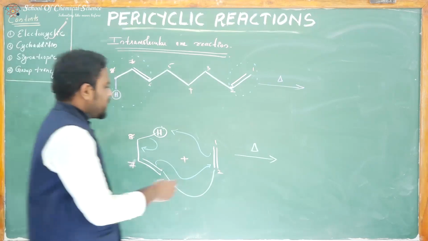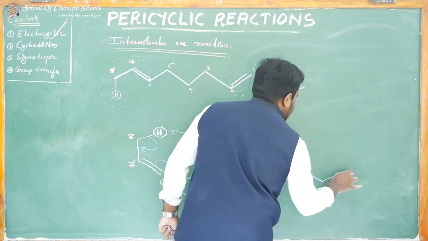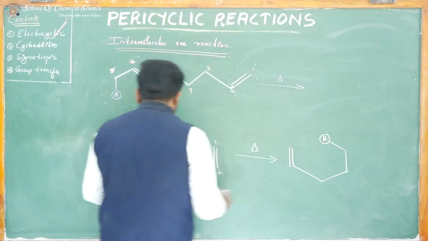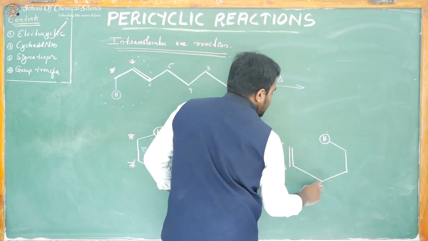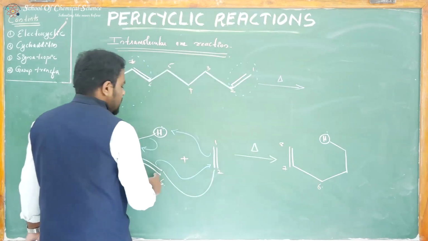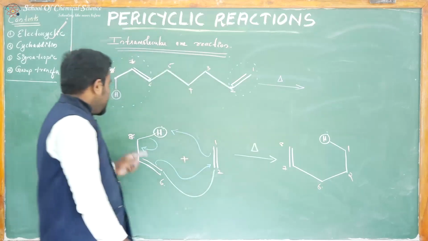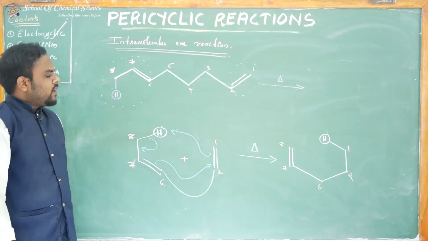So what will be your product? Here a pi bond is formed, connected to the next carbon, and here a hydrogen. Giving the same numbers, 8, 7, 6. Between 8 and 7 a pi bond is formed. 6 is connected to 2 and 1.